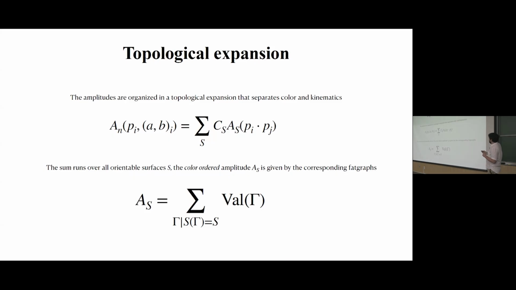The coefficient of that is a kinematical dependent factor, the color ordered amplitude, and this is the quantity that we will be focusing on today. The amplitude is computed summing over all the fat graphs that correspond to that particular surface, so that you can stretch to that particular surface. And they contribute with the usual value of a Feynman diagram.